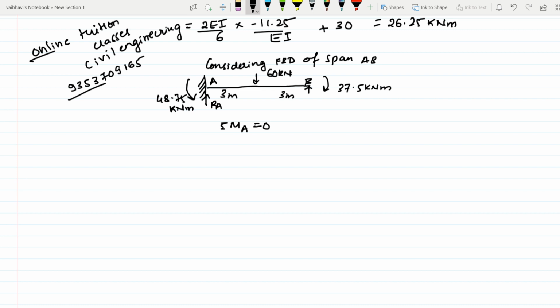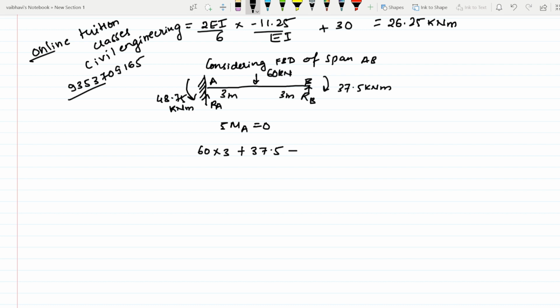Now, if we take moment about point A, this is RB, reactions at A and B. First, about point A, if you are taking, then the moment due to this 60 kilonewton, it will cause a clockwise moment about A. So 60 into 3, and this is also clockwise moment, that is 37.5. So plus 37.5. The moment due to reaction RB, about point A, it is anti-clockwise.